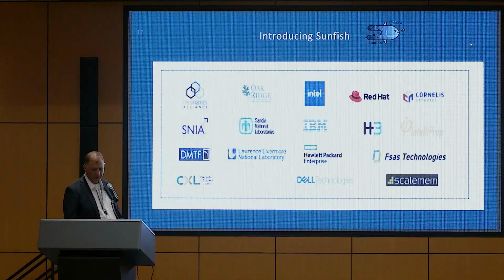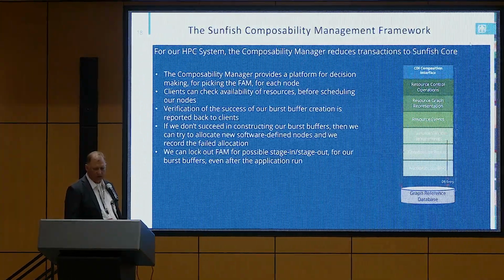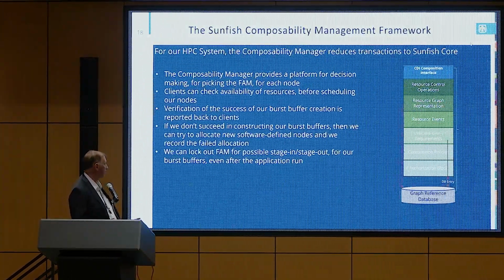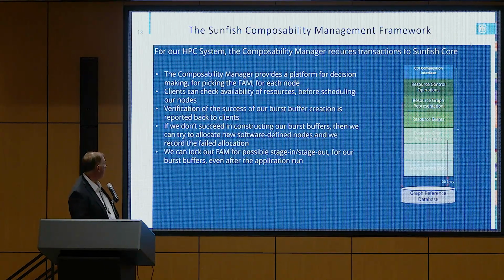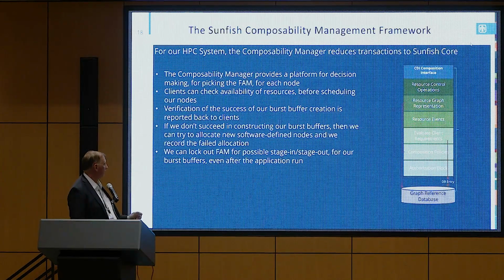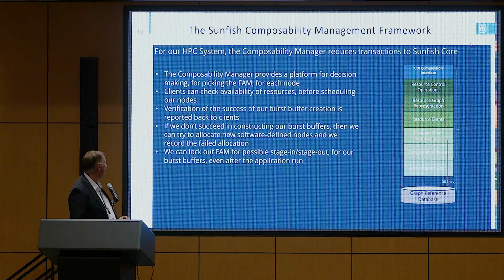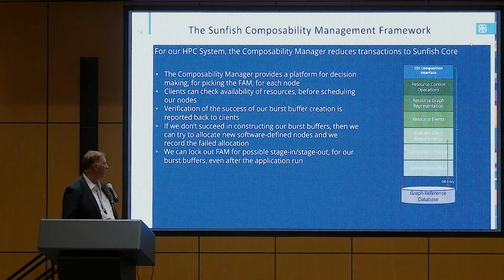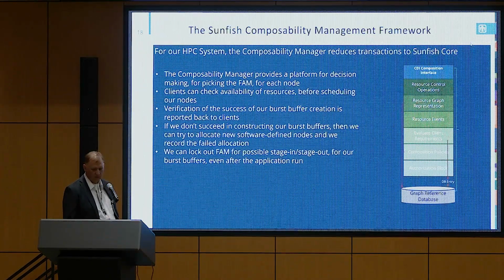A few people are working on that. The composability manager reduces transactions to the Sunfish core, because we've got to scale this thing out. It provides decision making for the clients. It'll say, is this available? Or, this is available, this is your best option. Once it's done, it verifies the burst buffers are created, and then we do our stage-ins and stage-outs with that too.